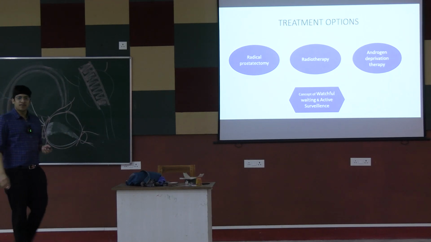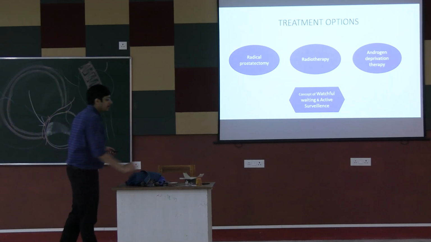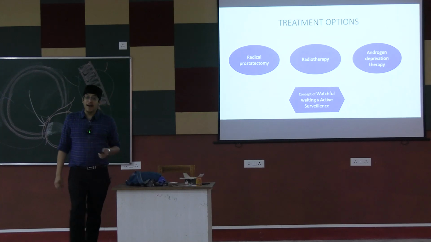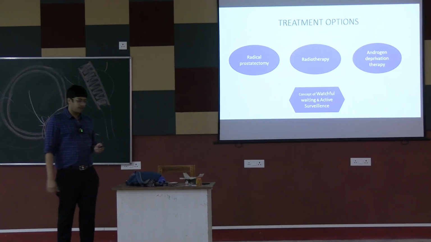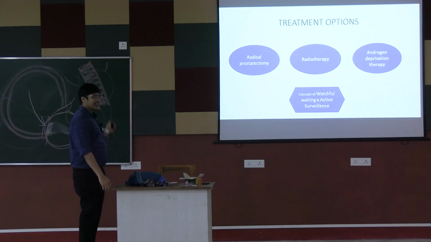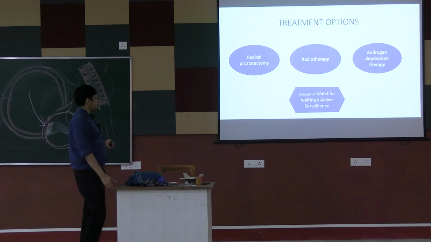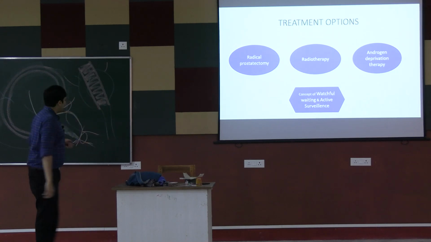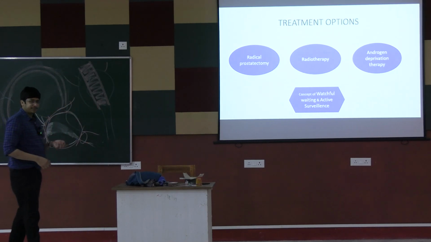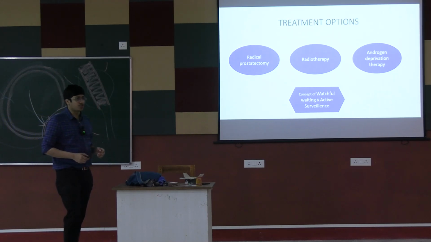That is radical prostatectomy, and that is done in case of a malignant disease of the prostate, not for benign diseases. Okay, this can be done by open surgery, laparoscopic surgery and robotic surgery. And number 2 is radiotherapy, where we target the prostate with radiation beams to treat.